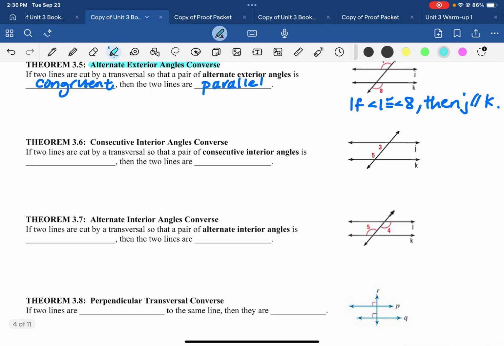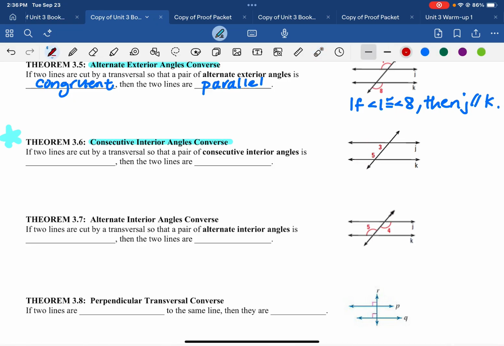All right, next one, consecutive interior. Remember, this is the odd one out. Those are the ones that are on the same side of the transversal and in between the lines.